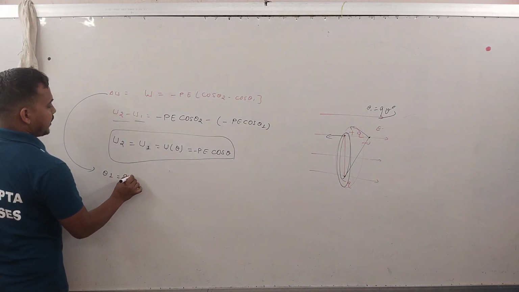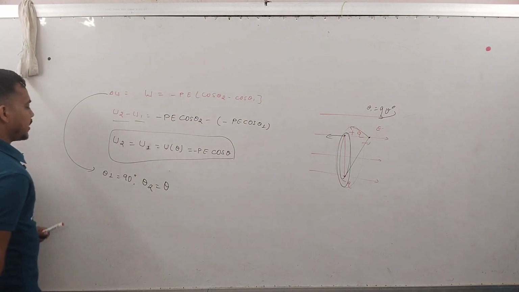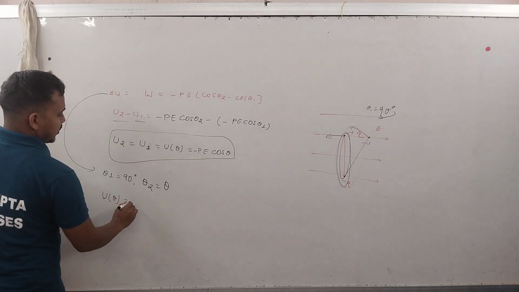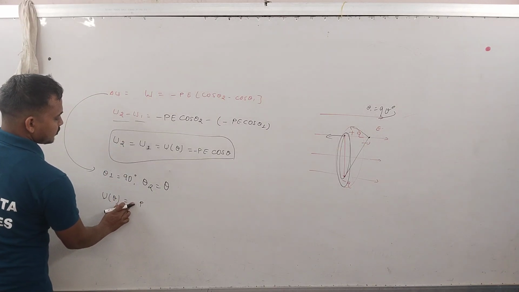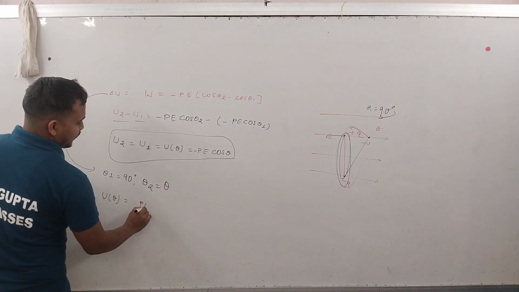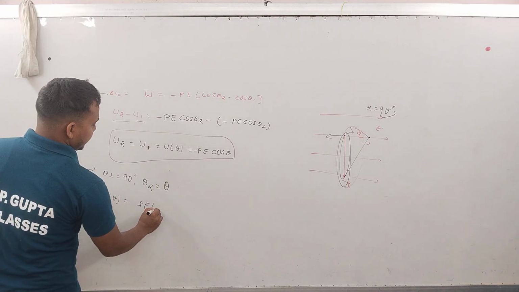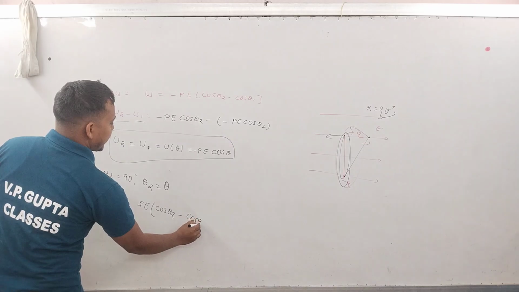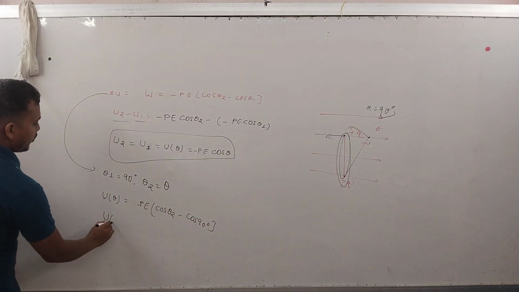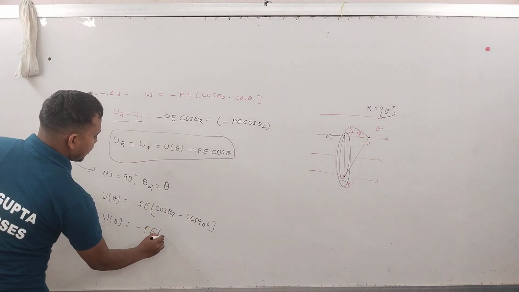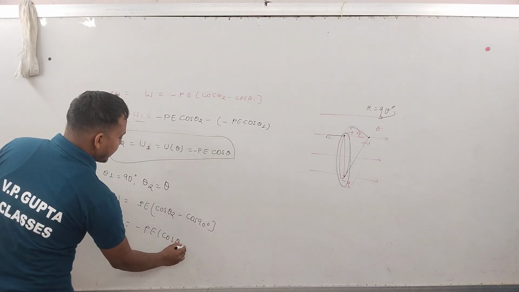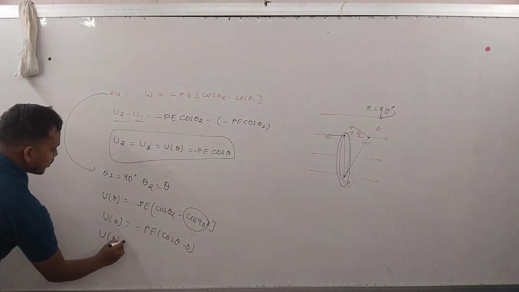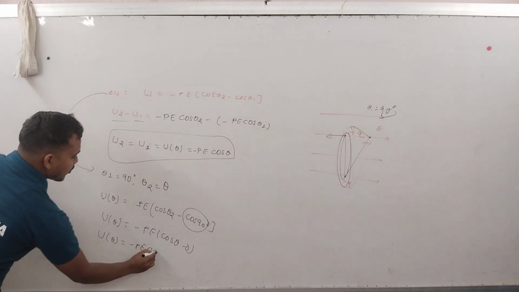Taking theta 1 equal to 90 degrees and theta 2 equal to theta, the potential energy U theta is equal to minus PE (cos theta minus cos 90 degrees). The value of cos 90 is 0, so U theta is equal to minus PE cos theta.